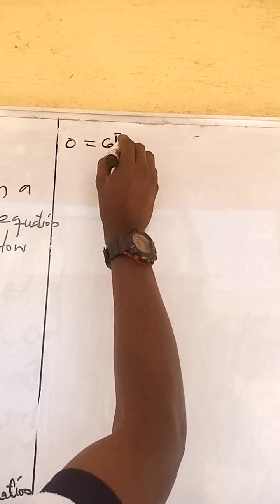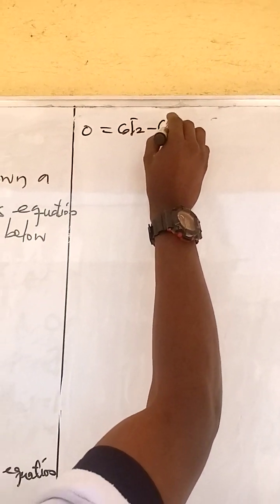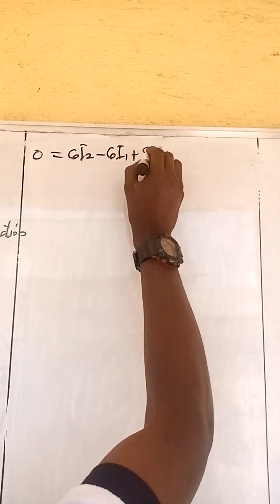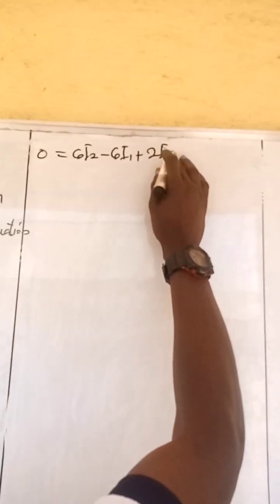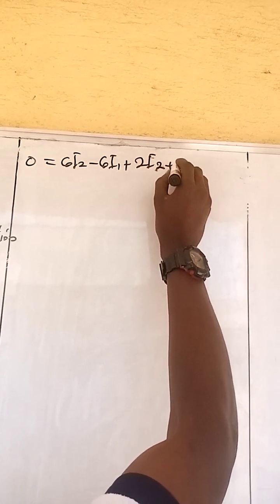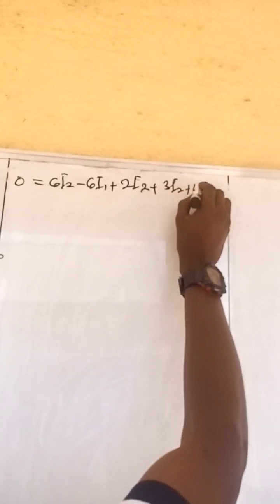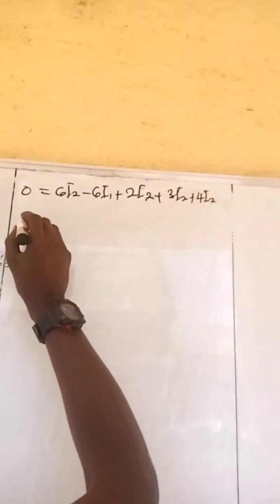So therefore we use this 6 to open the bracket. We have 0 equals 6I2 minus 6I1 plus 2I2 plus 3I2 plus 4I2.